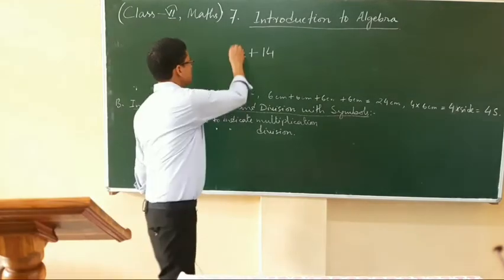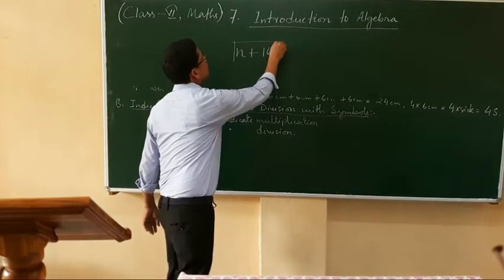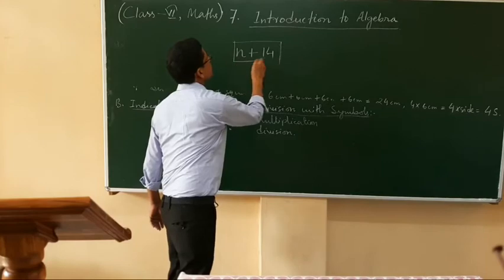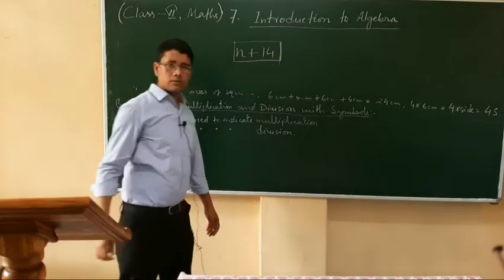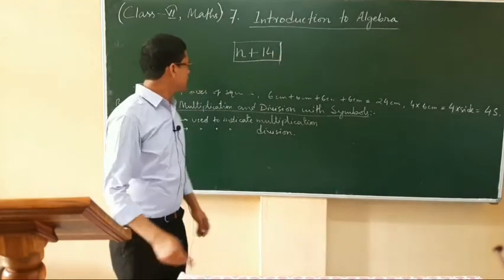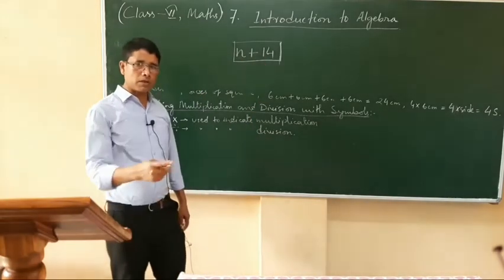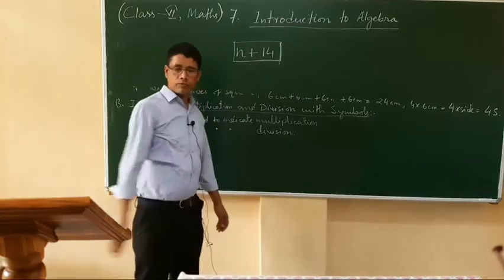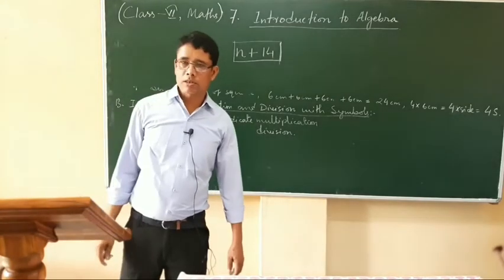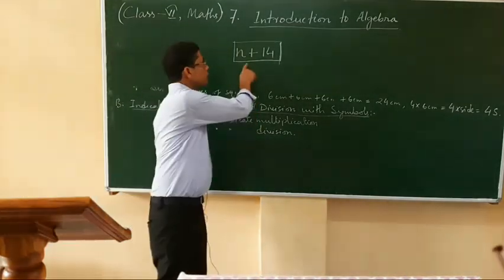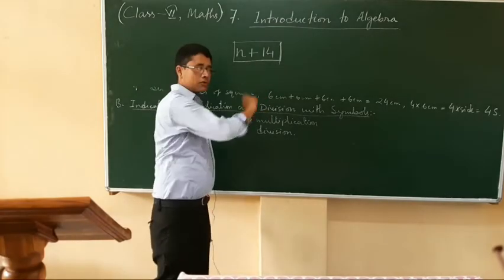Now, for this same algebraic expression, we can also say this in words in other ways. If it is n plus 14, you will have to write it like this. I can also say it as the sum of n and 14, then also it is n plus 14.